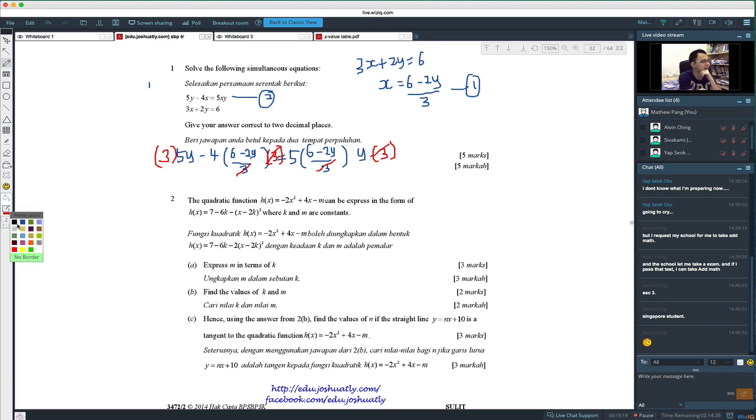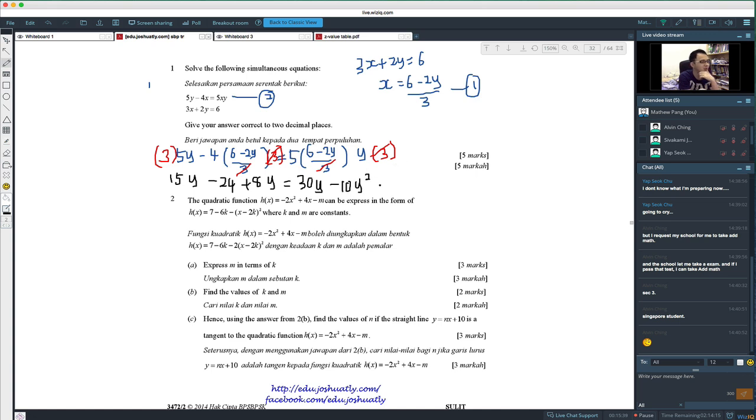So I will have 15y minus 24 plus 8y equals 5y times 6, which is 30y, and 5y times negative 10y is negative 10y squared. Then I solve this one.